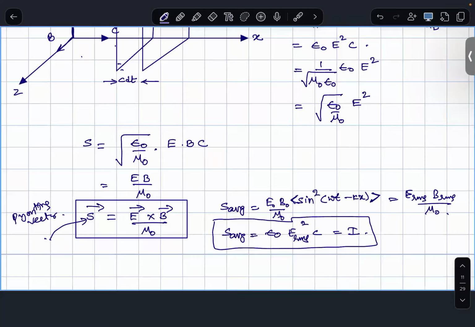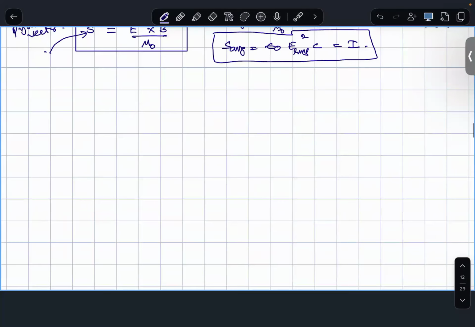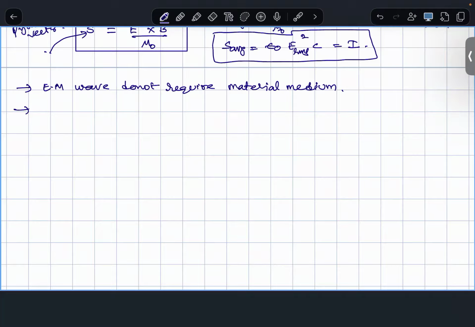And one more important point, since field is oscillation, some important points: EM waves do not require material medium. So direction of propagation, C cap is equal to E cap cross B cap.